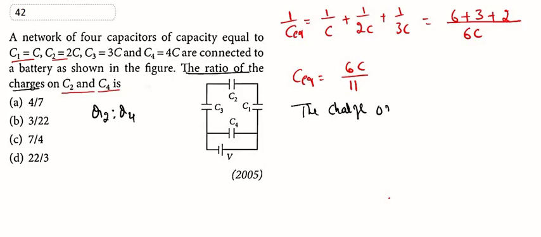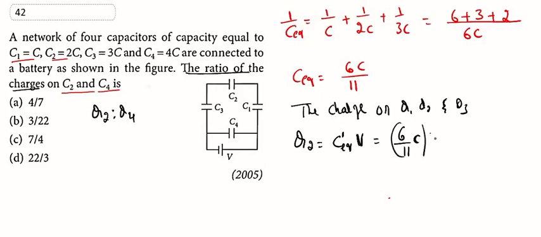The charge on Q1, Q2 and Q3 in series connection remains the same. So the charge becomes C equivalent into V. C equivalent is 6 by 11 into C, so the charge is C equivalent into V, that is 6 by 11 CV.